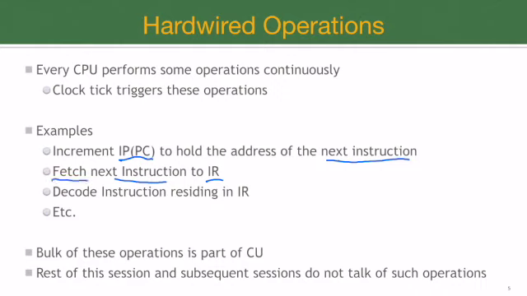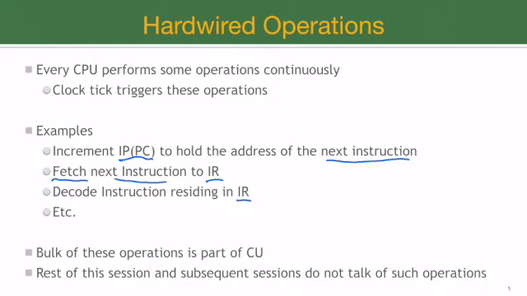Copying of the instruction from RAM takes place automatically. Similarly, the instruction residing in the instruction register needs to be decoded so that the computer can understand what operation this instruction is about. And this is done automatically.